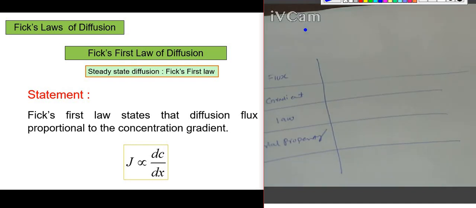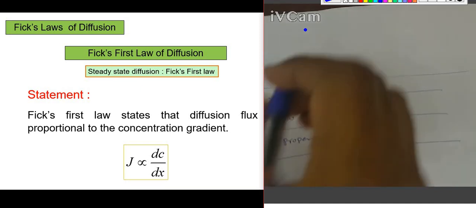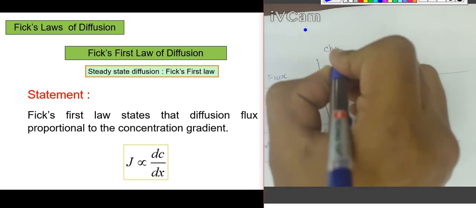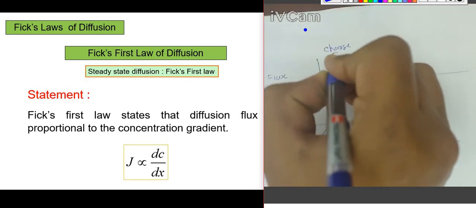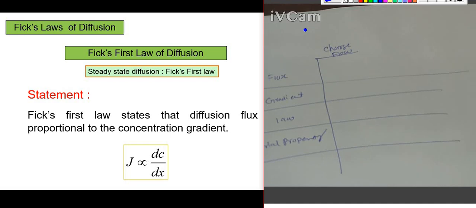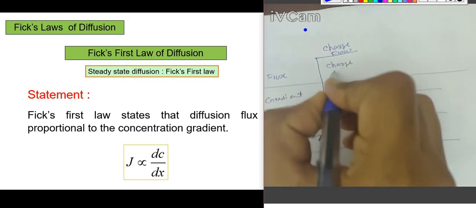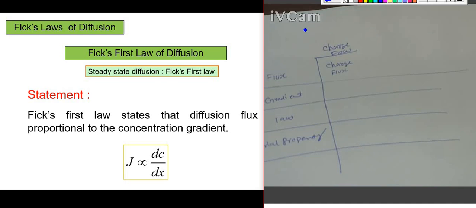In the case of charge flow, you may have studied charge flow or electricity flow in your physics class. For the charge flow, the flux is charge flux.